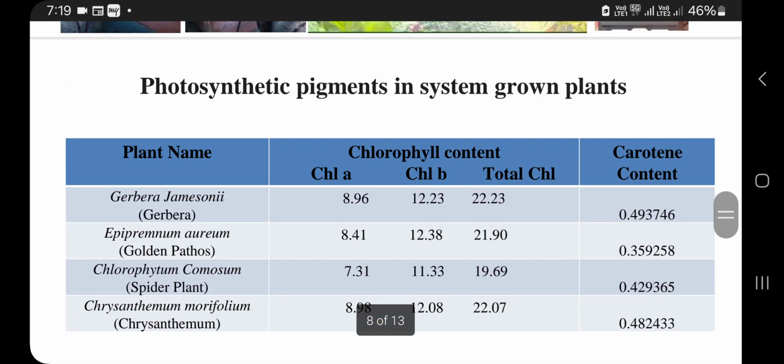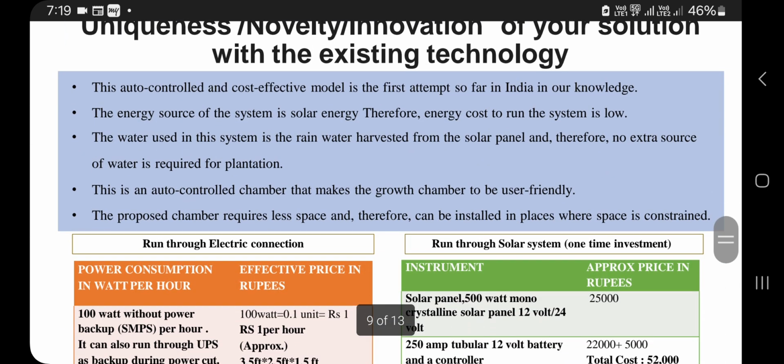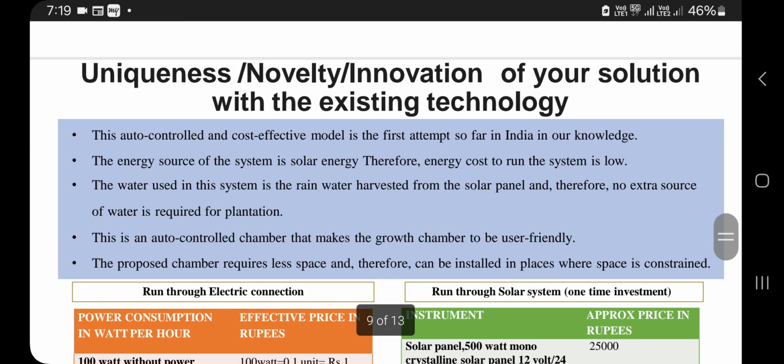And we have measured the chlorophyll content A, B, and total chlorophyll and carotene, and see that the plants are in well-growing condition inside the system. The uniqueness is that this system is cost effective.